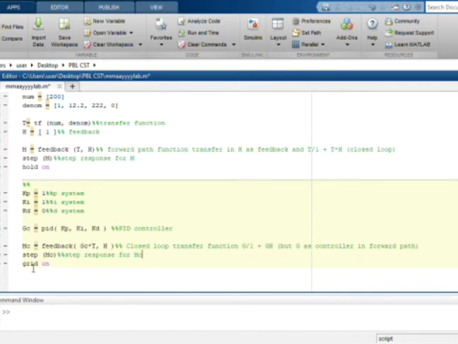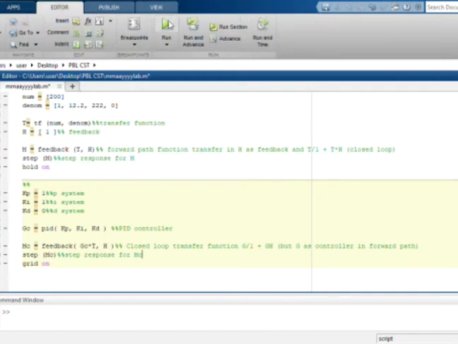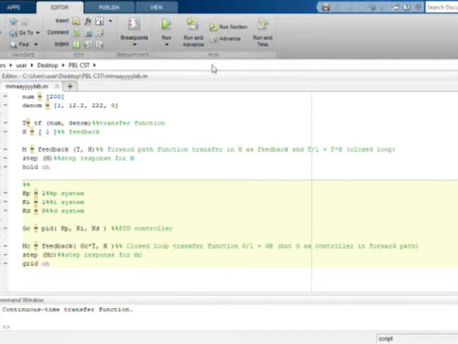Then I'm going to put grid on. Then I'm going to run this to look for the step response. So this is for the Kp and Ki, which is the PI system.